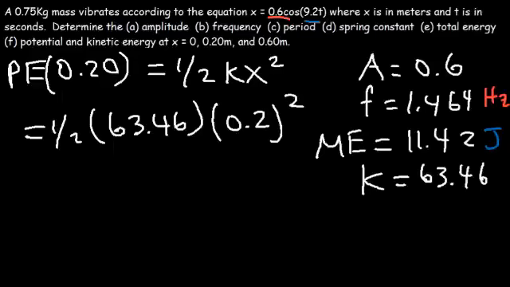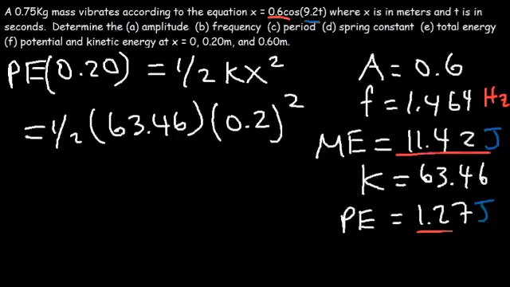So therefore, the potential energy at this point is about 1.27 joules. Now, if you know the mechanical energy and the potential energy, you can find the kinetic energy.